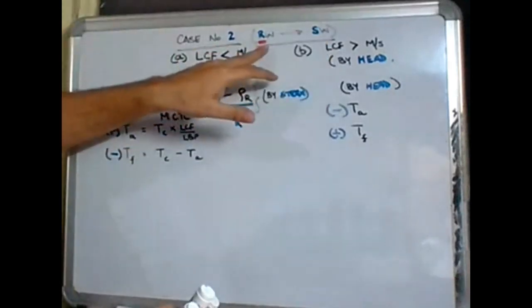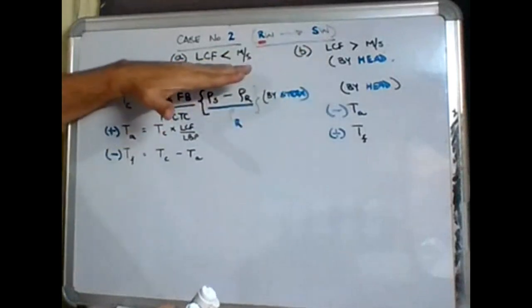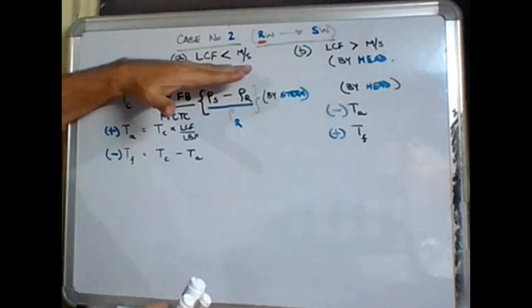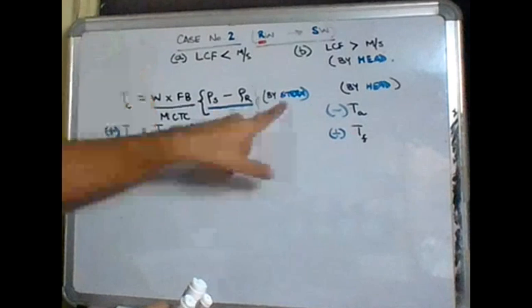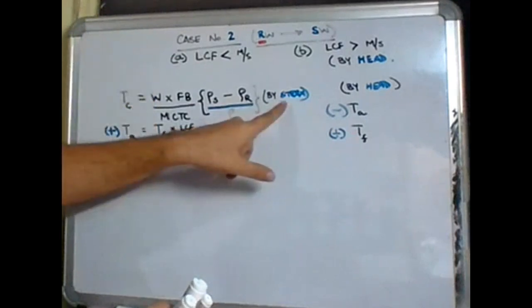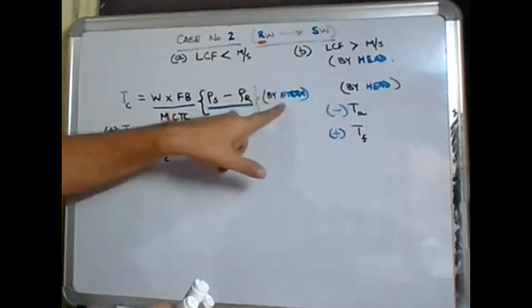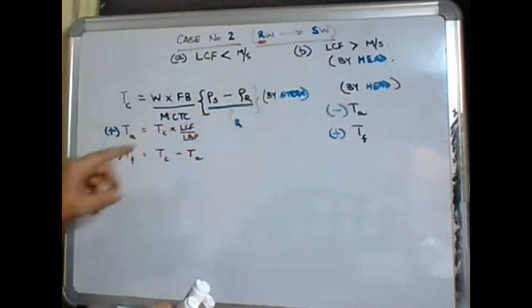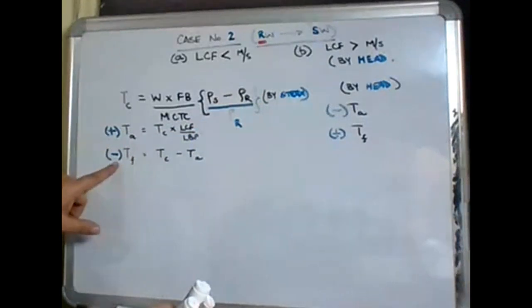So if I sail out from Haldia to Chennai on my normal vessel, your vessel, LCF is aft of midship. I will trim by stern. I will have a trimming moment and trim change by stern. If I am going to go down by stern, my TA will be plus, TF will be minus.